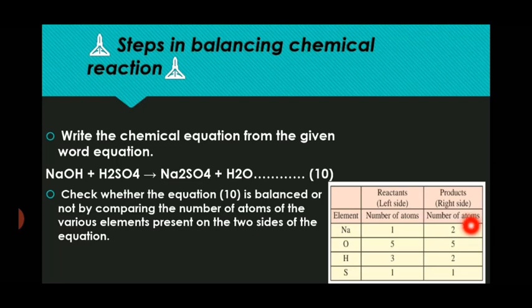Hydrogen is 3 and 2. Sulfur is 1 and 1. Sodium and hydrogen are not balanced. So this equation is an unbalanced equation, and we have to balance it.